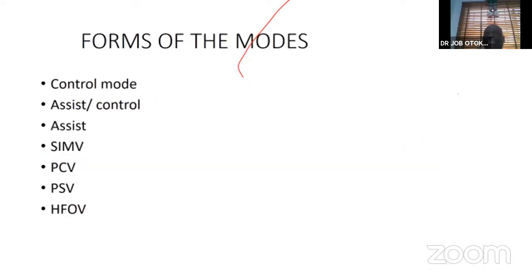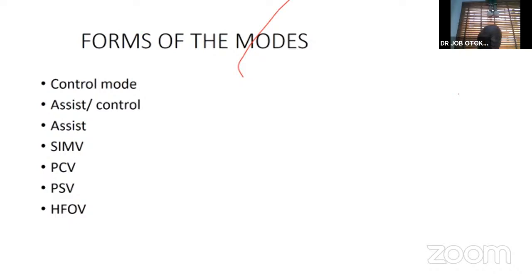There are three terms that could be confusing if using the newer concept of mechanical ventilation. One is we're used to the mandatory breaths, the mandatory modes, and then the assist, and then the spontaneous modes. The newer ventilators now, the newer concept is they don't use mandatory, they don't use spontaneous. They use control, assist control, and assist.